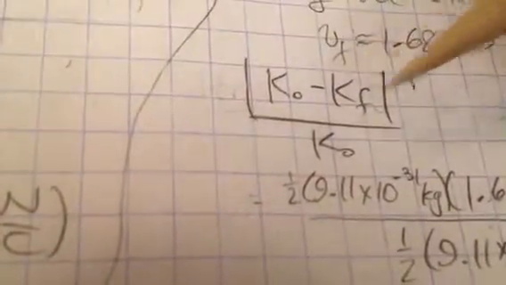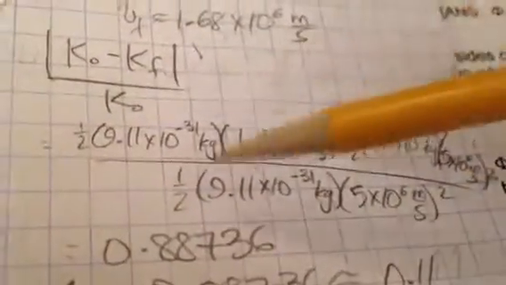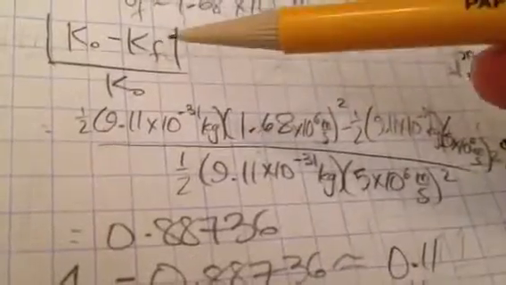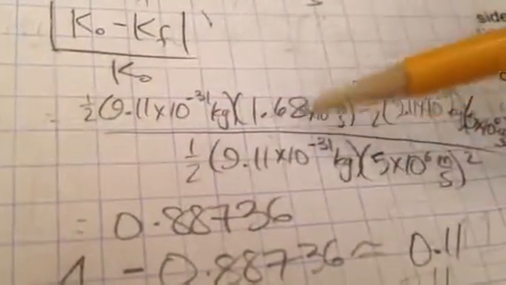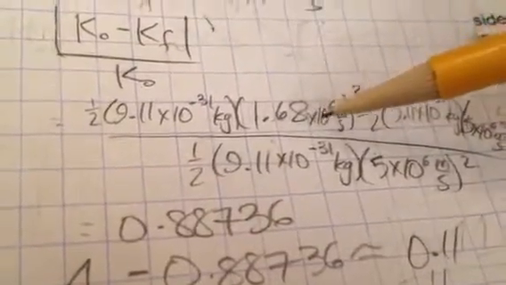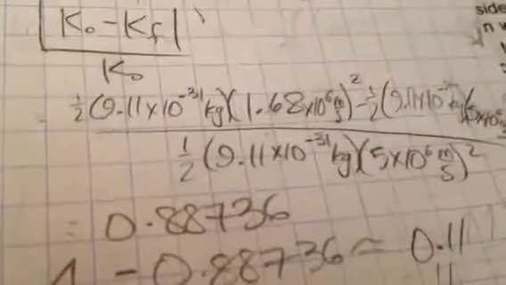So initial kinetic energy minus final kinetic energy divided by initial kinetic energy should get us the percent change, kind of similar to actual minus theoretical, that kind of thing in chemistry. So if we substitute using the kinetic energy formula, which is 1/2 mv squared, 1/2 times m times the initial velocity. Actually, these should be switched around.